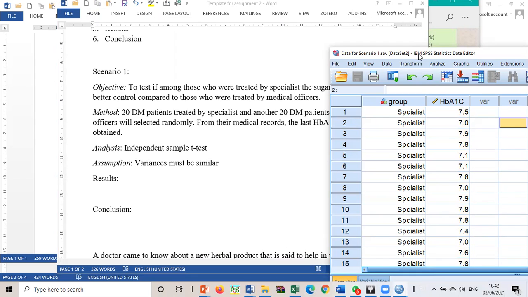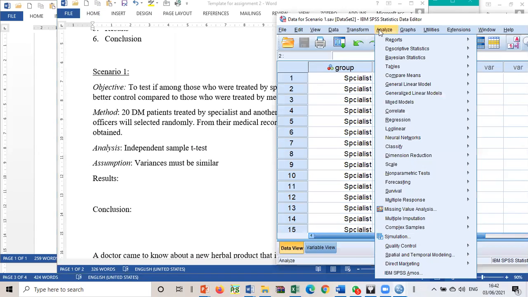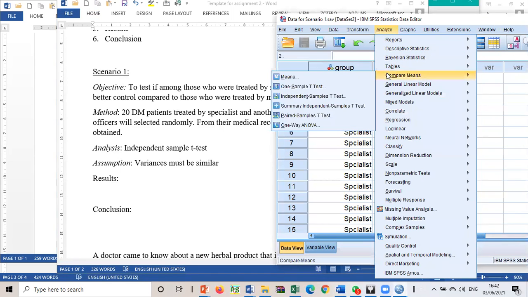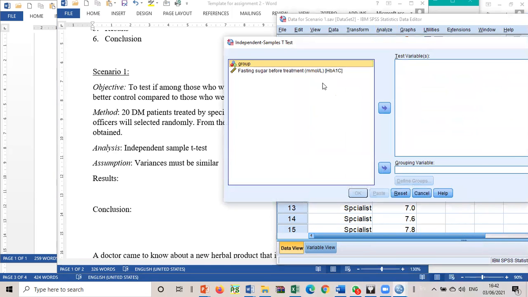So we said independent sample t-test. We agree independent sample t-test here, and that's the assumption. So go to analyze, compare means, independent sample t-test, test value, HbA1c level, grouping variable, group.